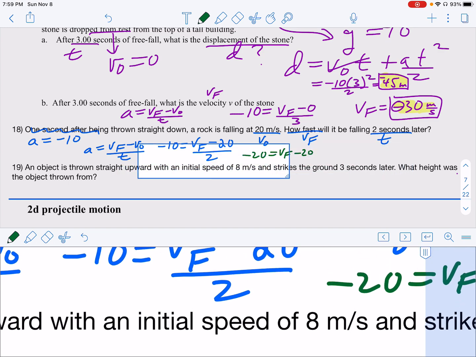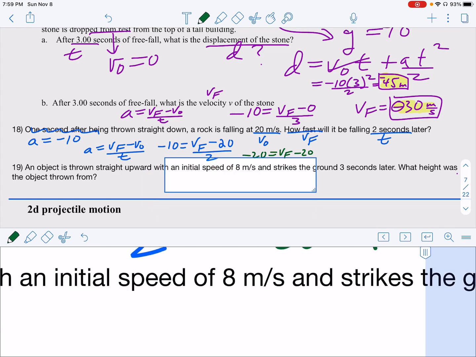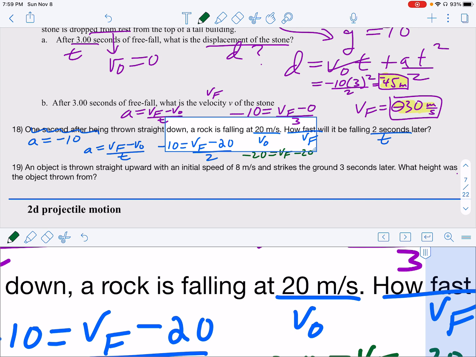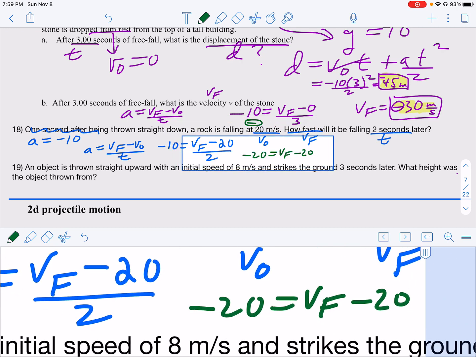Oh, I made a little mistake. The original velocity is minus 20, because it's going down. You have to use the signs and think about it. So it's falling at 20 meters a second, so really it's negative 20 velocity because it's going down.